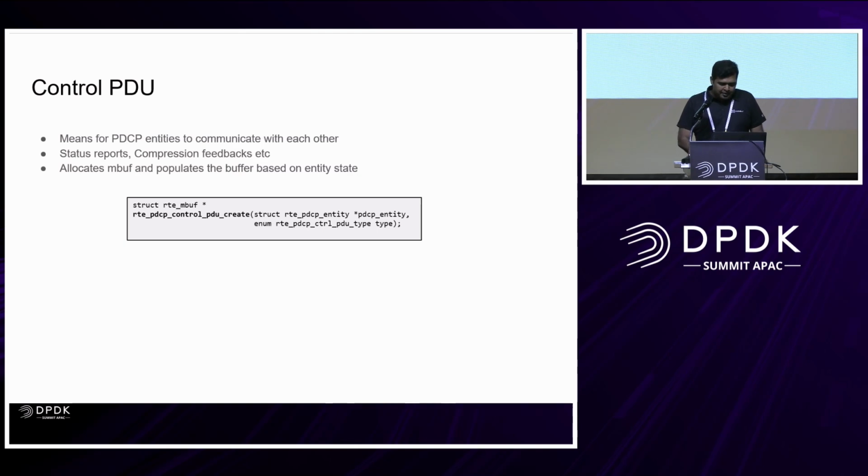Just like that, I earlier mentioned some of the compression algorithms like ROHC, EHC, and UDC. Some of them require something known as feedback. From one side, it will send feedback across to the other side, and that way they keep each other in sync.